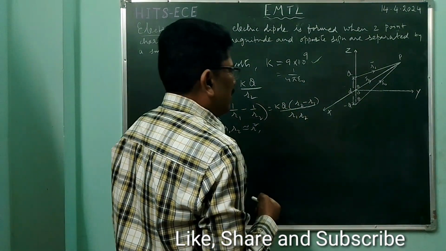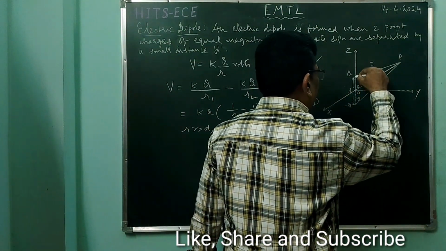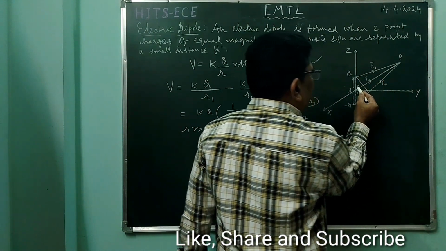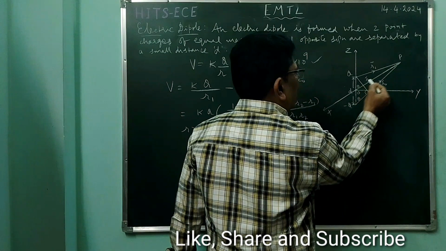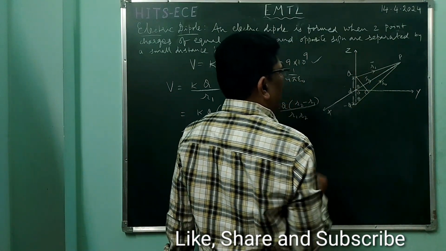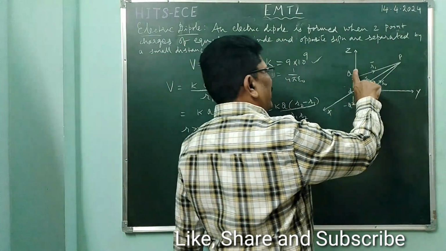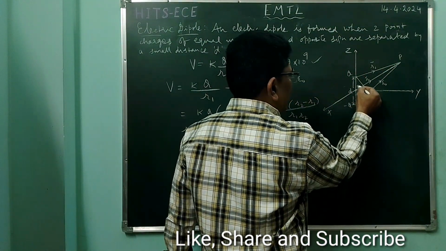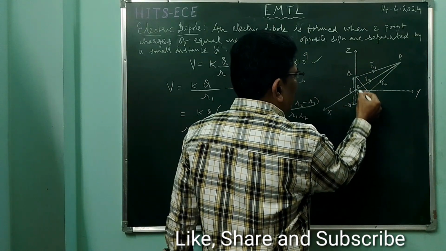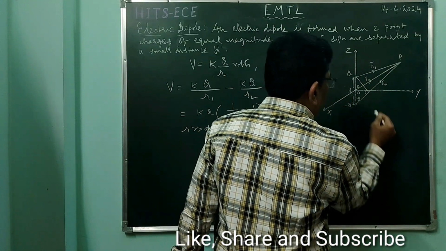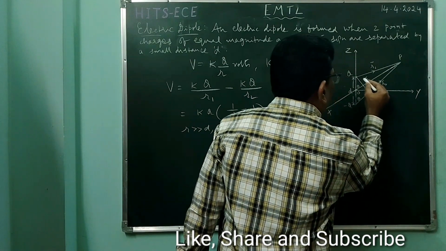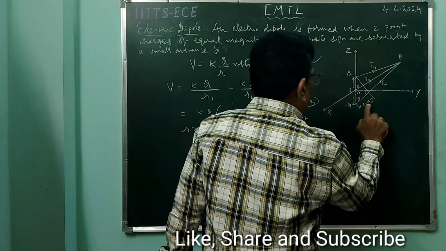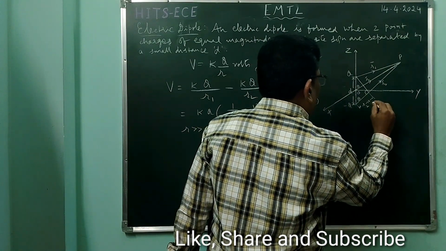And what about this R2 minus R1? Let us drop a perpendicular here. Theta is the angle between this position vector R and the z axis, that is the angle between the dipole as well as this R. Assuming that this angle is the same, let us consider this triangle, and this length is R2 minus R1.